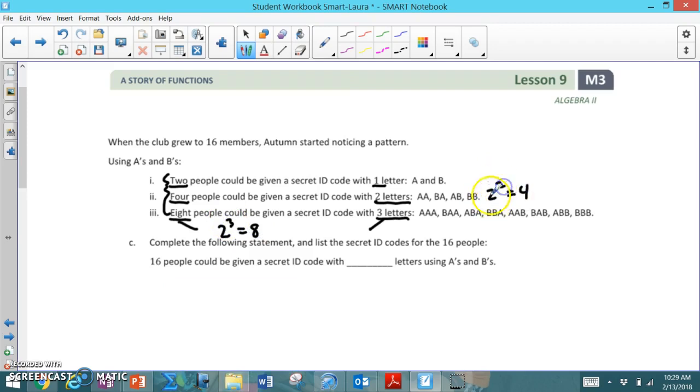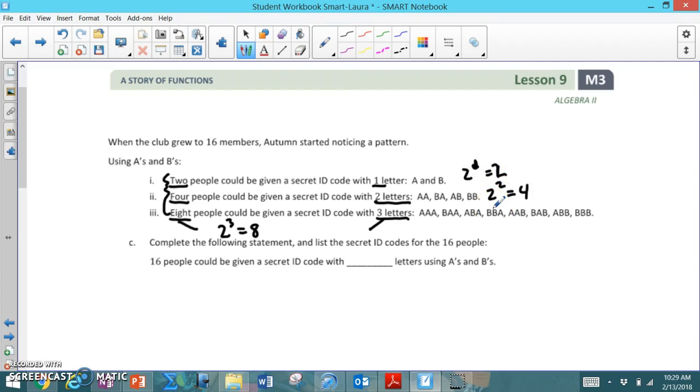That is the second power. And 2 to what power equals 2? Sorry, 2 to the 1 power equals 2. I did that backwards.